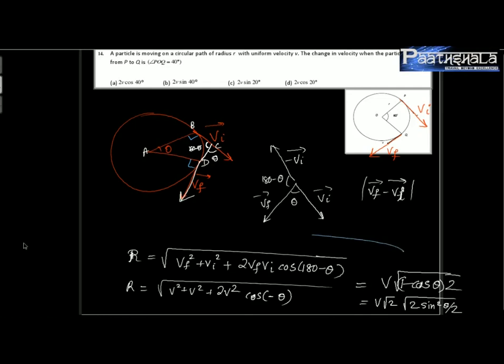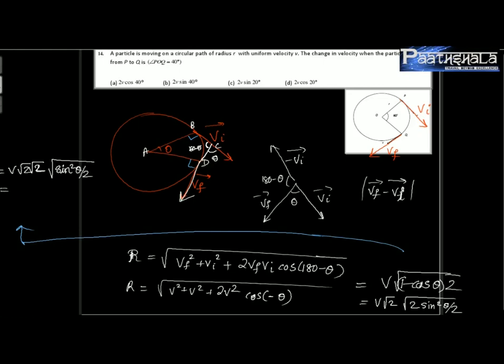Continuing, we get this equal to V under root 2 into under root 2 into under root sine squared theta by 2.